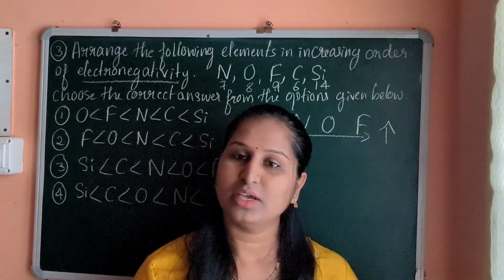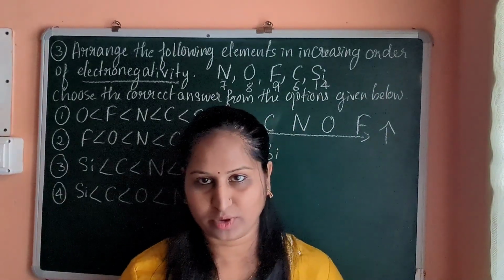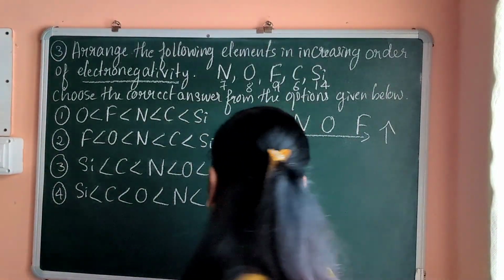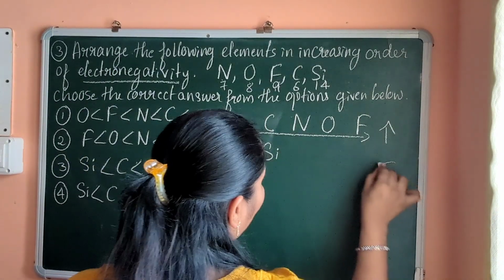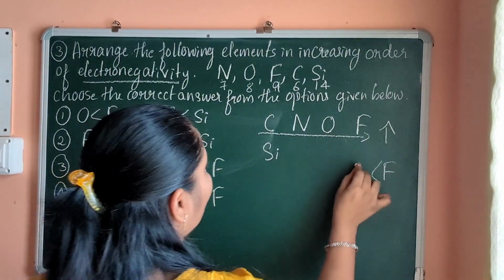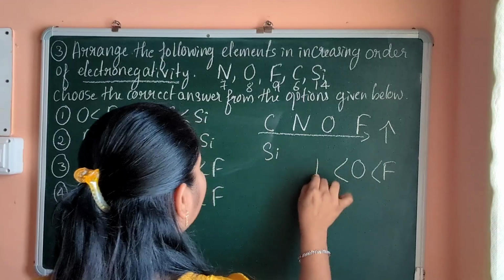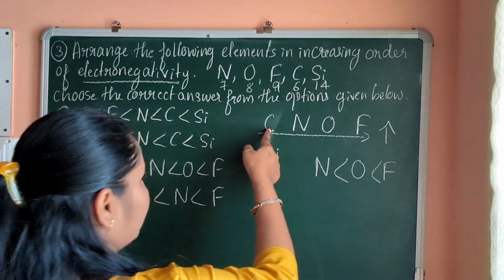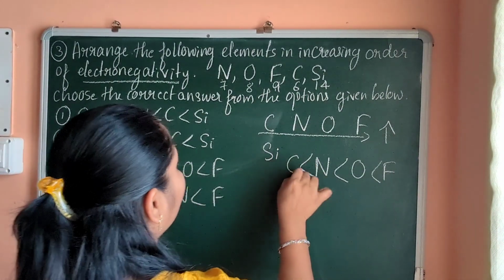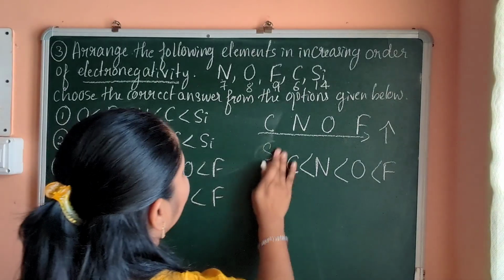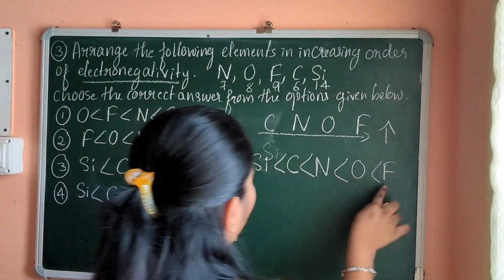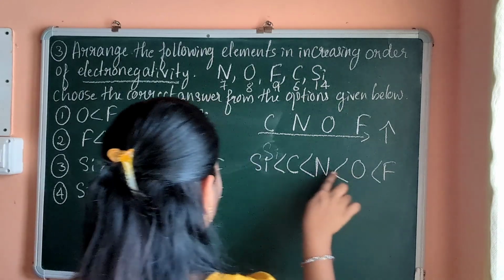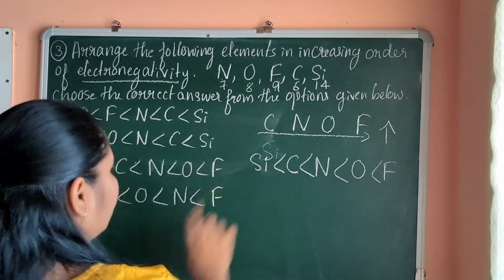So fluorine has the highest electronegativity value. Right here first is fluorine, then oxygen, then nitrogen, and next carbon. Below carbon there is silicon, so I am taking silicon. So the highest electronegativity is for fluorine, then oxygen, nitrogen, carbon, silicon.